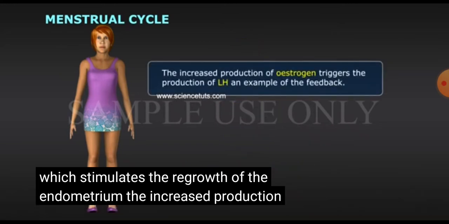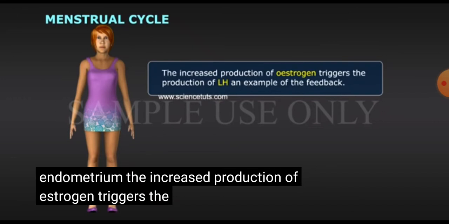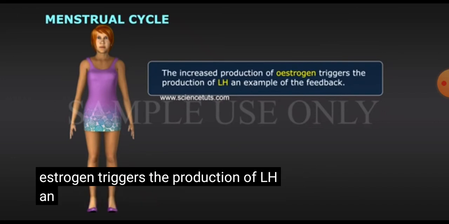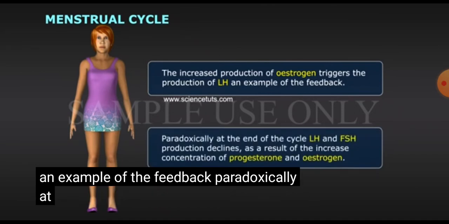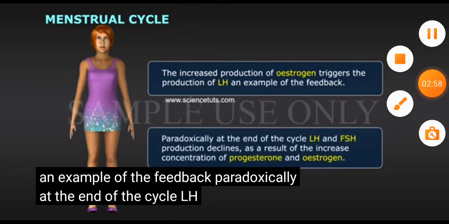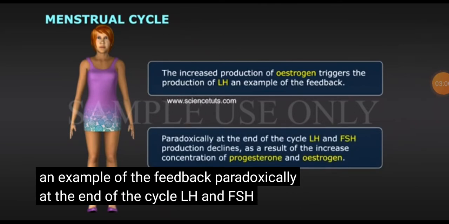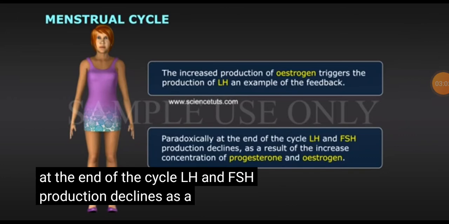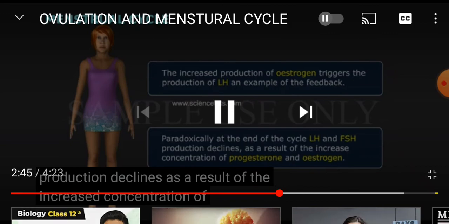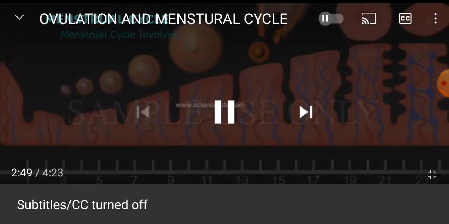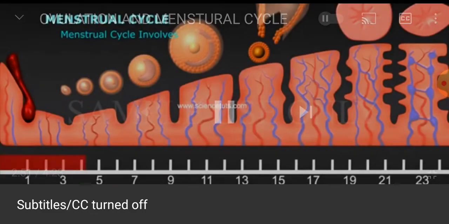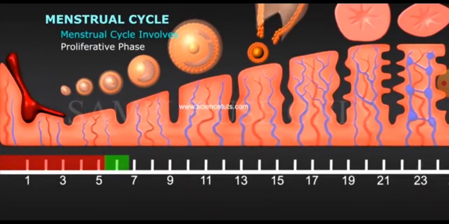The increased production of estrogen triggers the production of LH, an example of the feedback. Paradoxically, at the end of the cycle, LH and FSH production declines as a result of the increased concentration of progesterone and estrogen. Menstrual cycle involves proliferative phase.